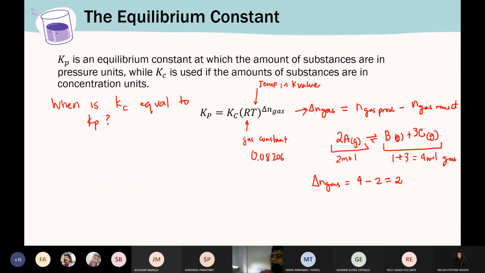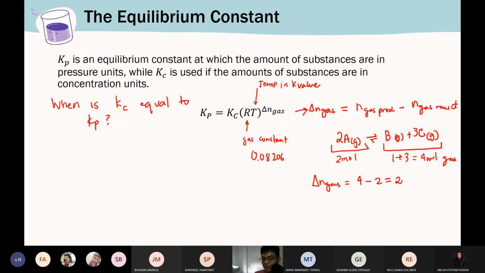Kapag balance yung both sides. Okay? Ano meron kapag balance yung both sides? Siguro, tinutukoy ni Shindle yung amount of gas. No? So, what happens when you have equal amount of gas in both sides of the reaction? Ano nangyayari mathematically? Okay? May point yon.